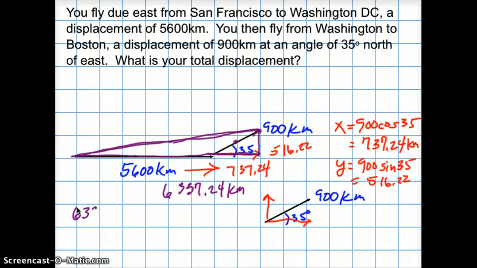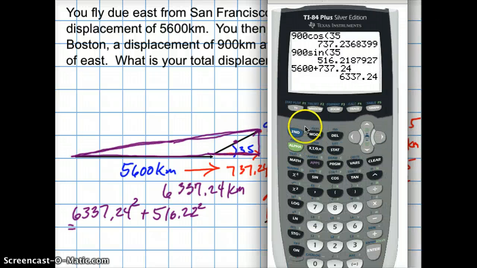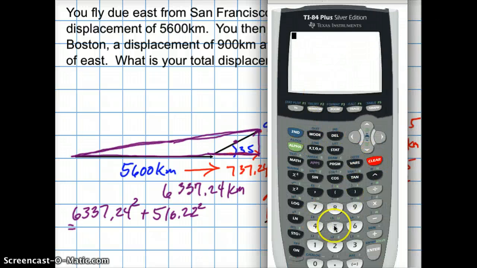So 6337.24 squared plus 516.22 squared is equal to, and so let's plug that into the calculator. So I'm going to go 6337.24 squared plus 516.22 squared, and that gives me that.